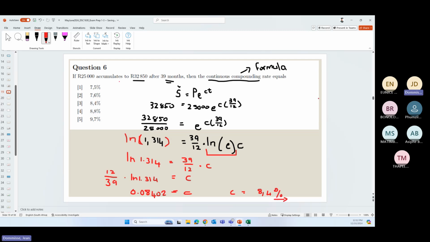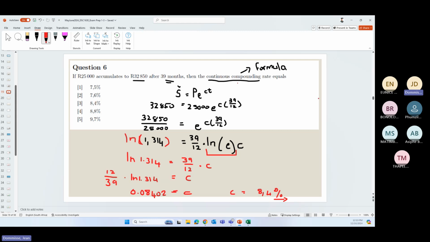Okay, so again, not really anything else we can do here other than working it out with a formula. We can't put this in Excel. We can't put it in the financial calculator because none of those work with continuous compounding. So unfortunately, this one was one where we just needed to work with the formula and get that right.